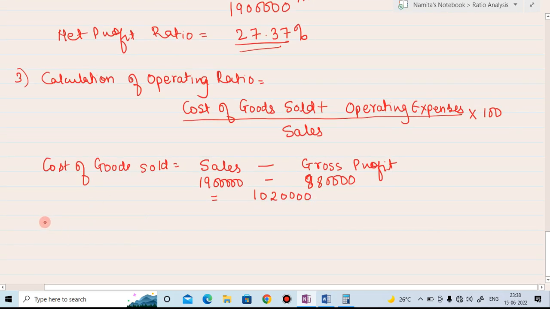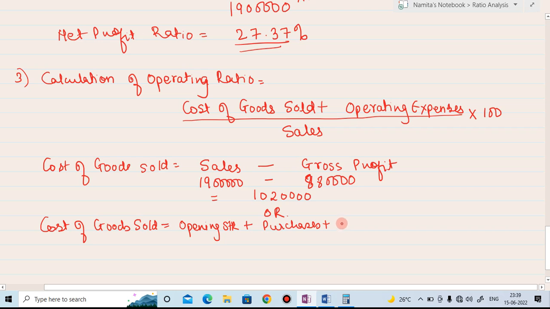Second method to find cost of goods sold, or you can use this method also: cost of goods sold is equal to opening stock plus purchase plus direct expenses minus closing stock.